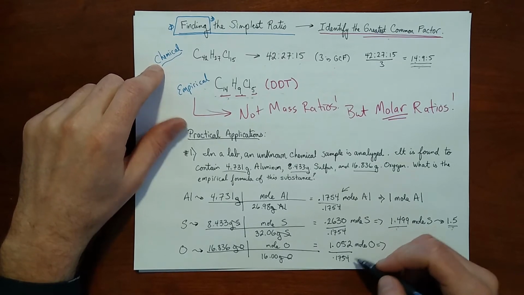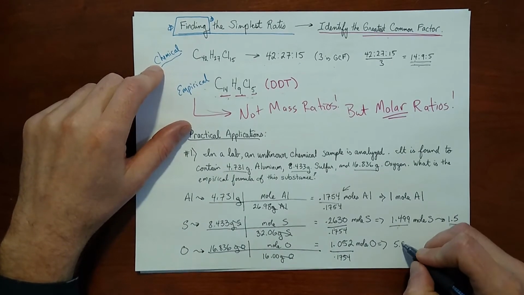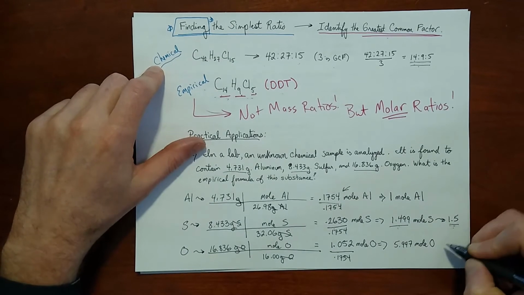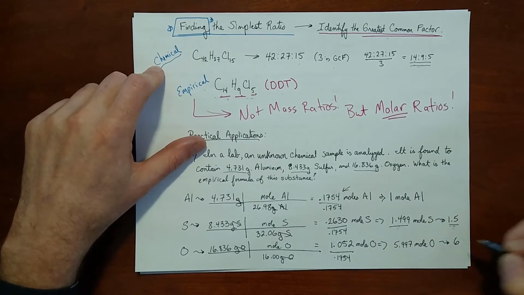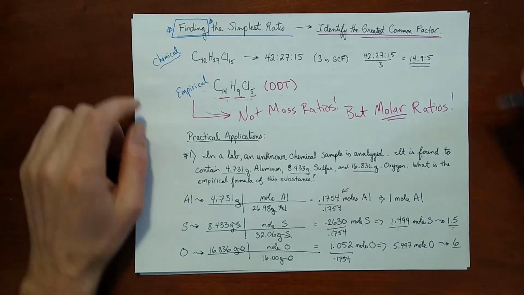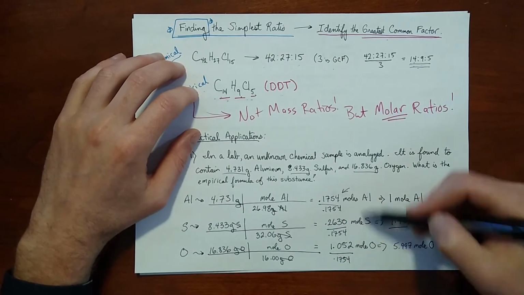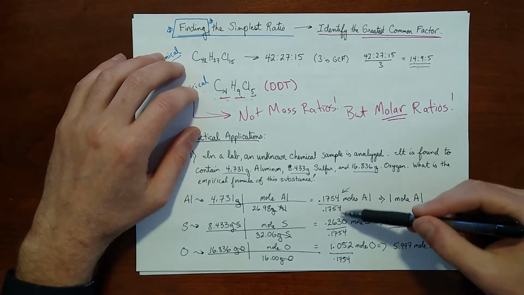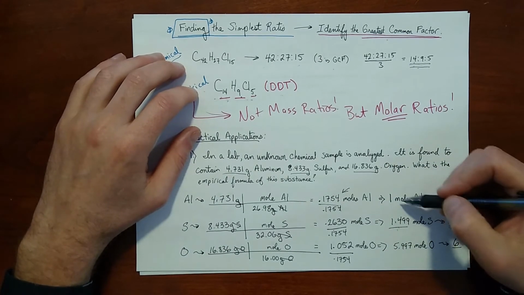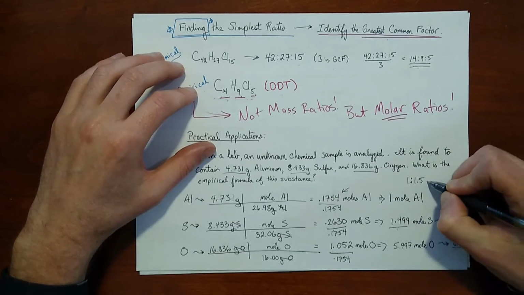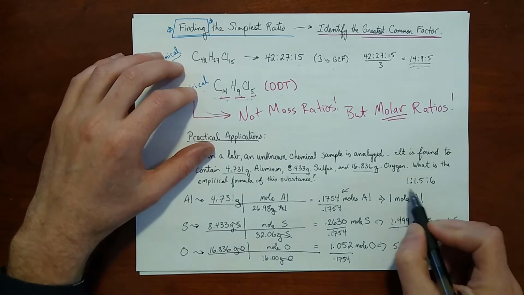And then this division gives us 5.997 moles of oxygen, which, just like with the previous example, is basically 6. So this is the same ratio. These strange looking numbers, when I pull this trick, reveal that this is the same ratio as 1 to 1.5 to 6, which is much better.